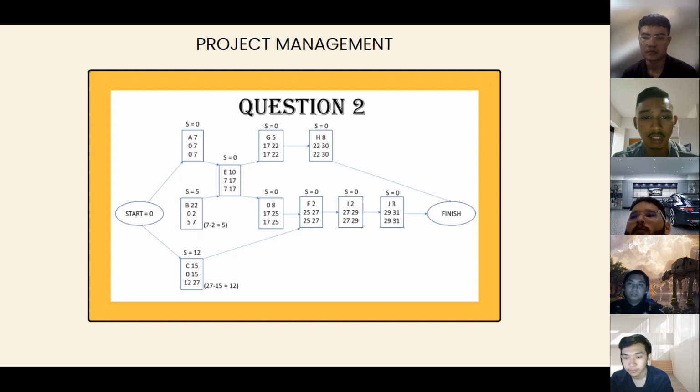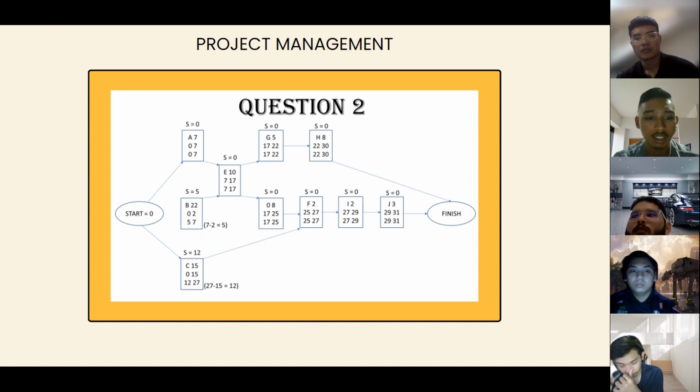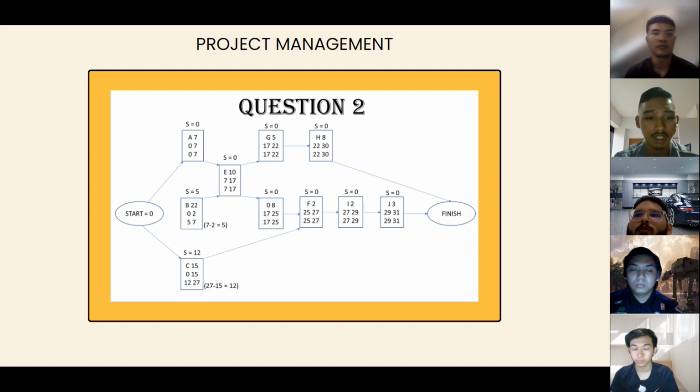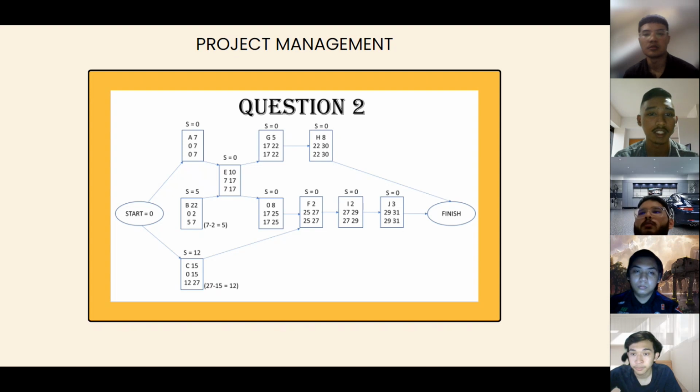Then for the slack, we need to calculate the second number minus the first number. For example, 27 minus 15 gets 12. 7 minus 2 gets 5. So I pass to Mohamad Izzudin for more explanation.